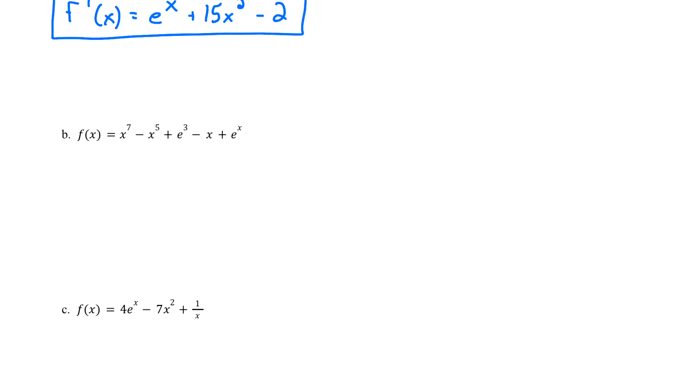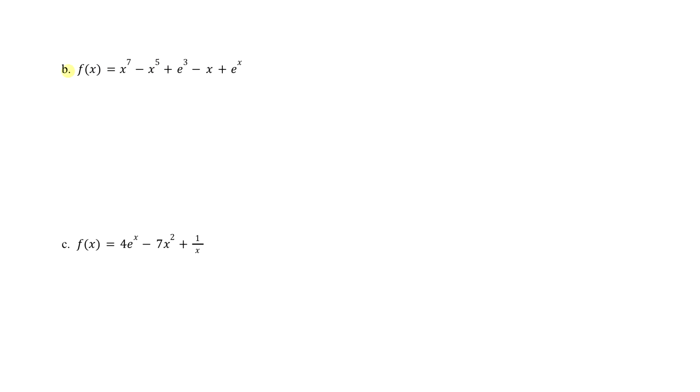In the next example, part B, I have f of x equals x to the 7th power minus x to the 5th power plus e to the 3rd power minus x plus e to the x. I think there are two common mistakes that you can make on a problem like this.